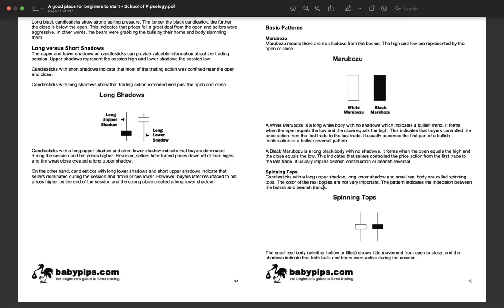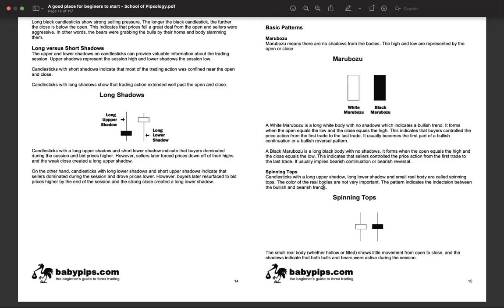So usually traders, when they see these patterns, will just wait for the next signals. Also remember, if you see spinning tops with other candles, it can mean something else.